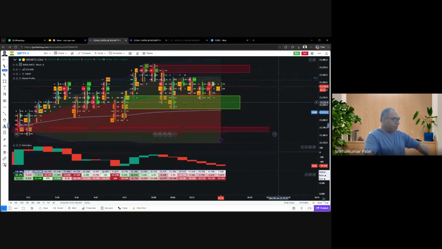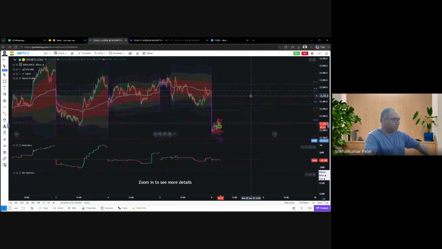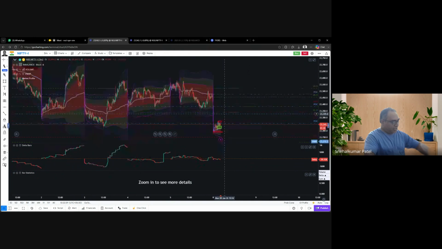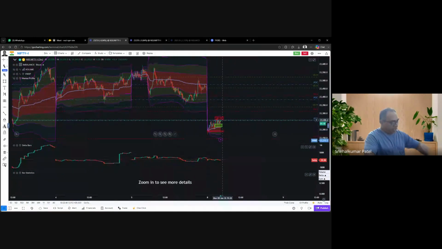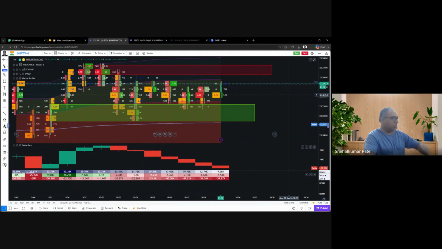One of the reasons this kind of consolidation happens is after a big move. So let's say there was a heavy move on the upside here, then there was a consolidation. Now there is a gap down, and again there is a consolidation before market participants decide what to do. So this is an indecisive phase as of now.